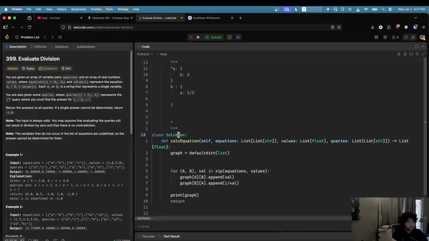So let's actually put that here instead of a list. Let's put a dictionary. So we put the value divided by A. So A divided by B and B divided by A is basically the inverse, and we have every single value we can have here. Okay, now let me print the graph, return just a list of nothing.